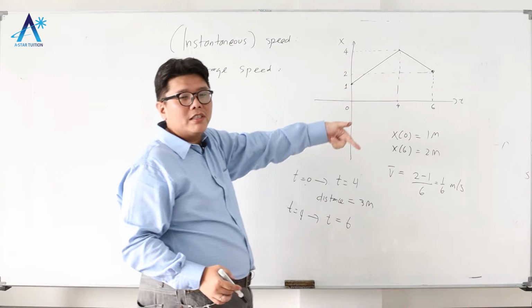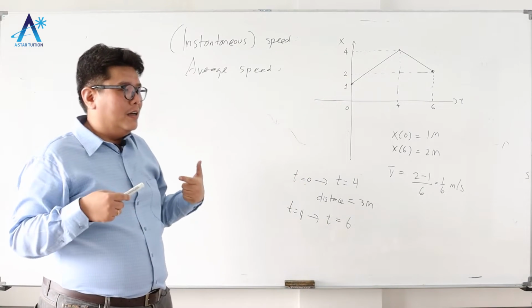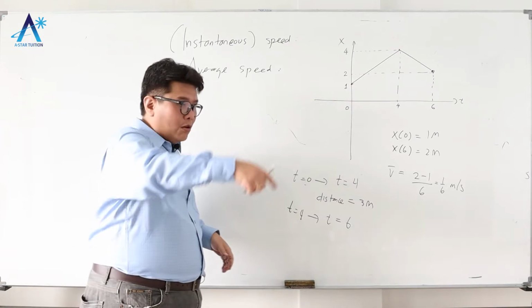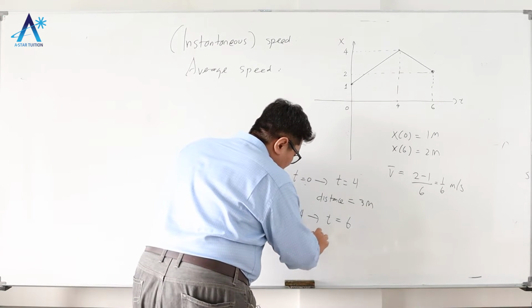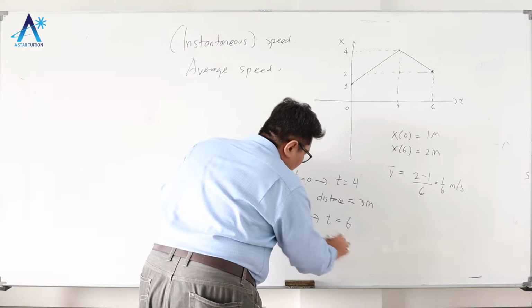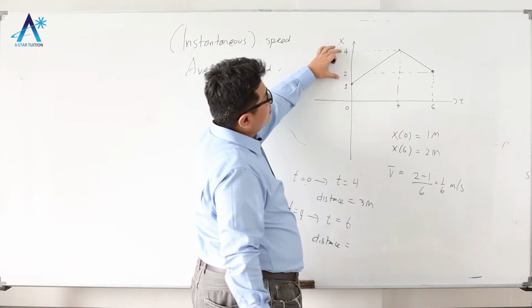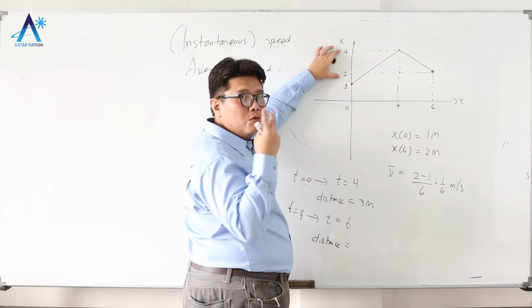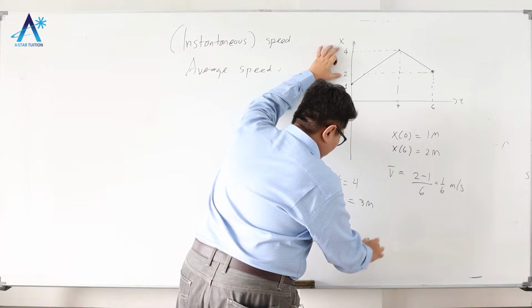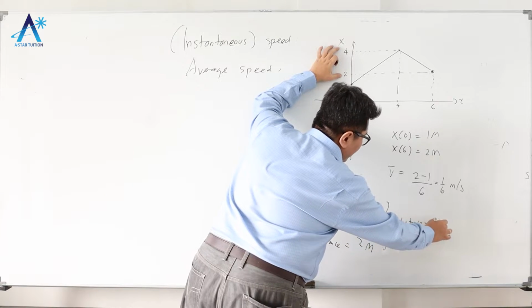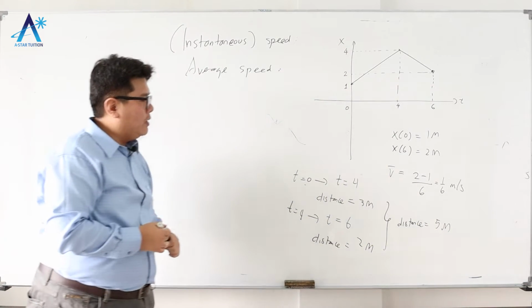Now the position decreasing indicates that the particle has turned around in the one-dimensional motion. So the distance from t equal to 4 to t equal to 6 is simply the difference between position 4 and 2, which is 2 meters. So now you can see that the distance traveled is equal to 5 meters. So 3 plus 2 equal to 5.